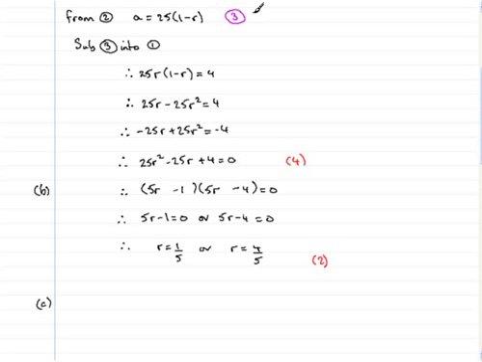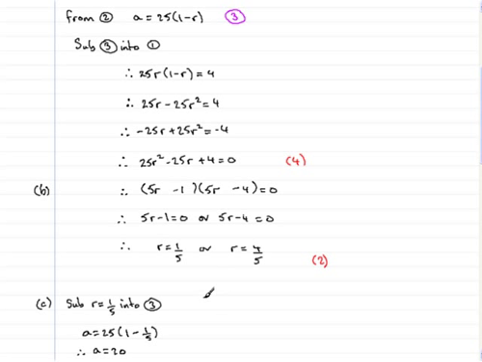So let's sub R equals 1/5 into equation 3, and that gives us A equals 25 times 1 minus 1/5. So 1 minus 1/5 is 4/5, and 4/5 of 25 is 20, so A equals 20.